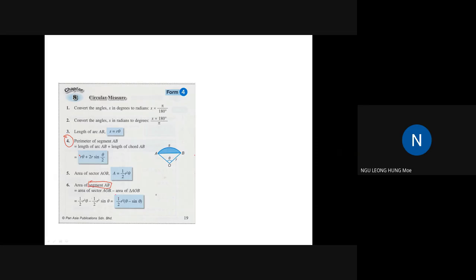This formula is actually 1 over 2 AB sine C. Is a solution of triangle. And this one is in radian. This one is in degree. Okay, do not confuse.